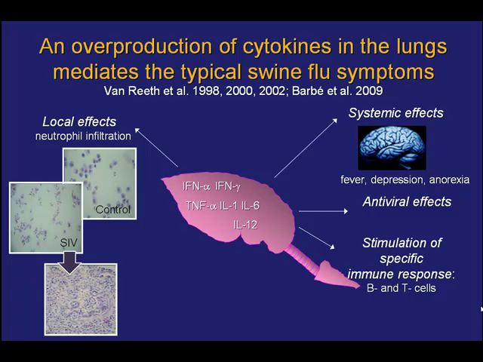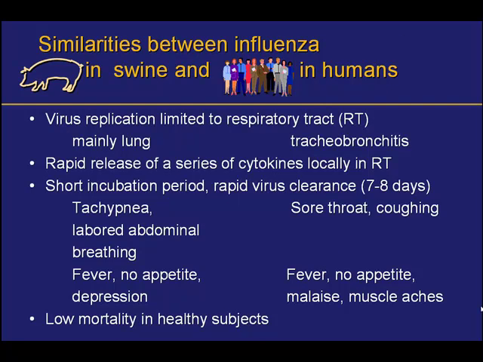In our experiments, there has always been a strong correlation between cytokine levels in the lungs and the extent of disease. But I have to say that those cytokines are also strong stimulators of the specific immune response, so they have very beneficial effects too.